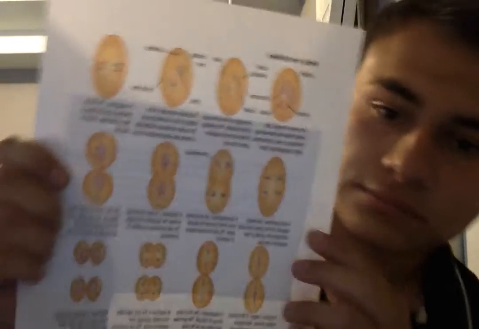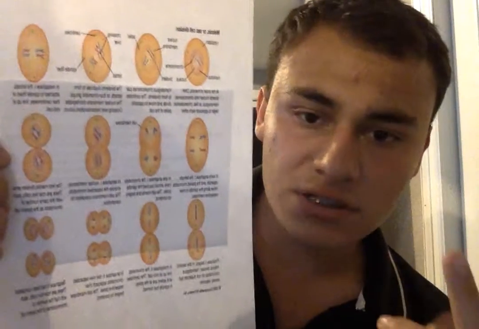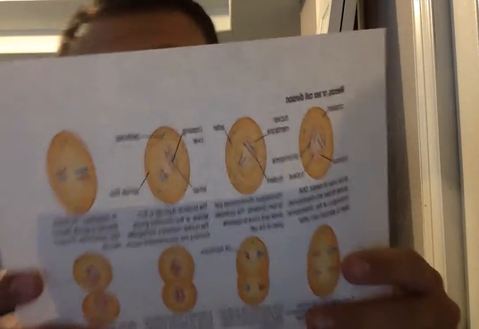Next, we have meiosis. In meiosis, there are two divisions, which is meiosis 1 and meiosis 2. And I'm going to start with the explanation of meiosis.